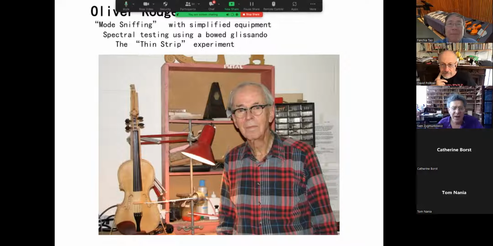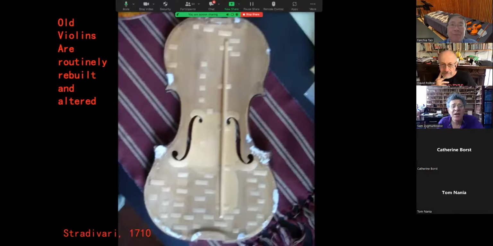And then I began to think, how would I connect this to my own experience as a violin restorer and a violin maker? Now, one thing with old violins, which we all know, is that they're very often very altered. There's a lot of work done to them. This is the interior of a Stradivari, and people repair them because they break, but then they're reinforcing them, which must change the sound.